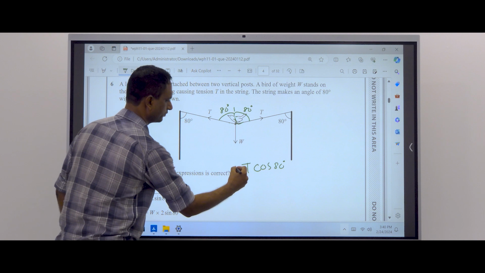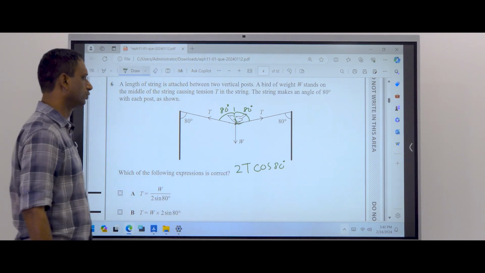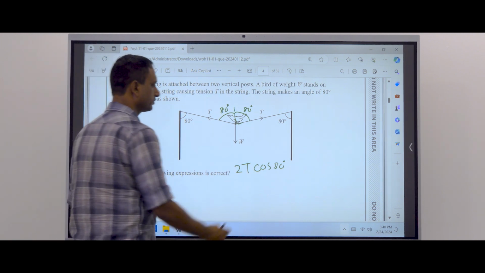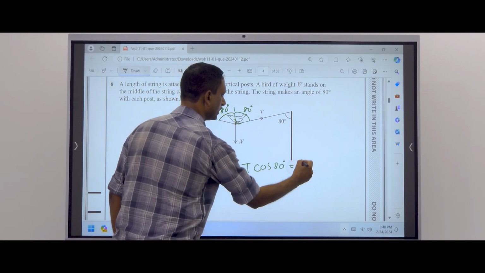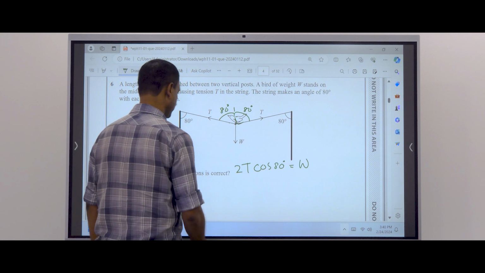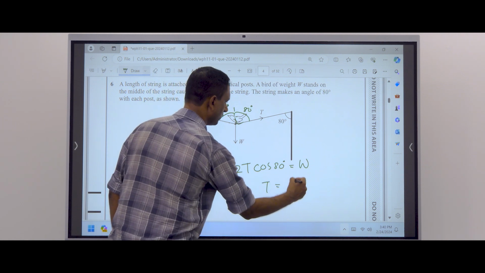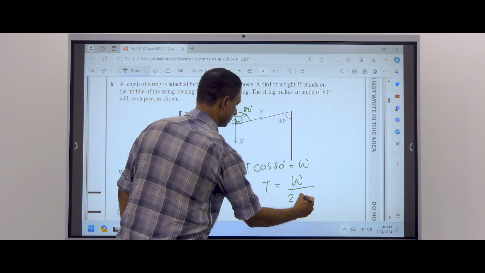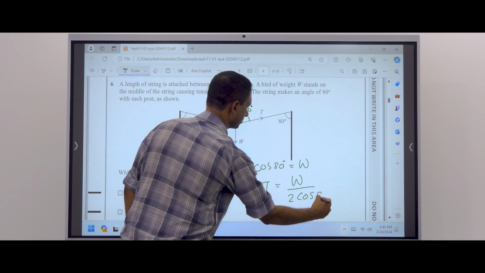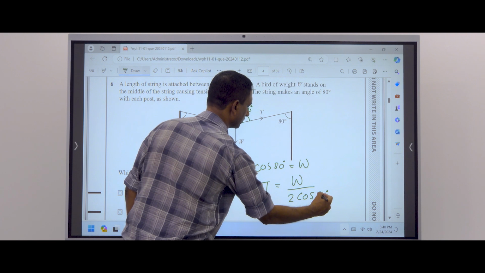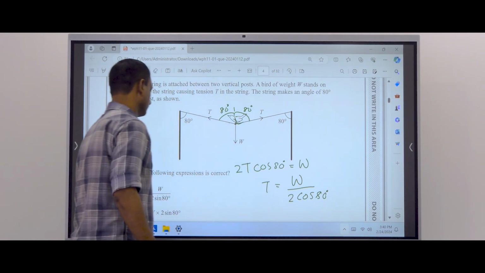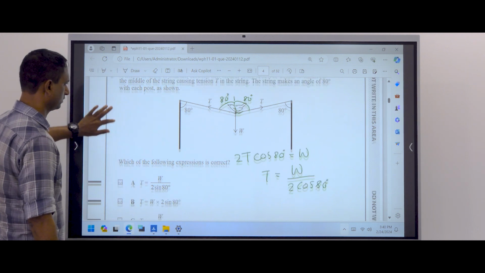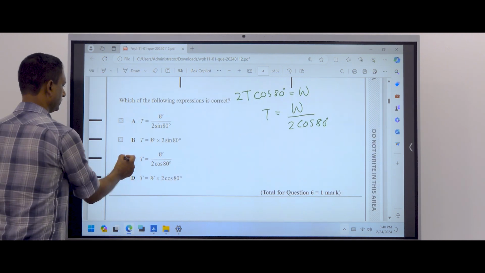All together 2 t cos 80 plus 2 t cos 80 is 2 t cos 80, which is equal to W. Then t is equal to W divided by 2 cos 80. The answer C.